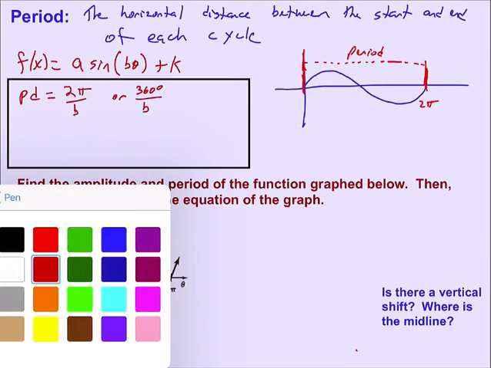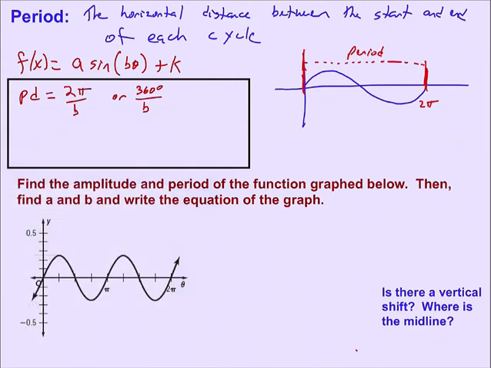Just so you know, if you ever need to find the b based on the period, which we have to do when we see the graph but don't know the equation, the conversion works exactly the other way around. B would be equal to 2 pi over the period, or 360 degrees over the period. That would be how we would find b if we already know the period.